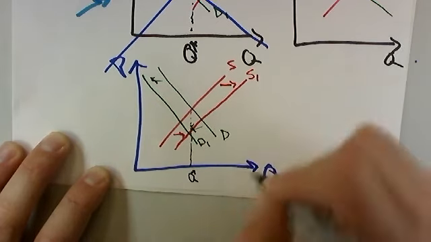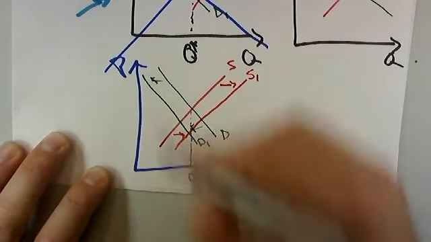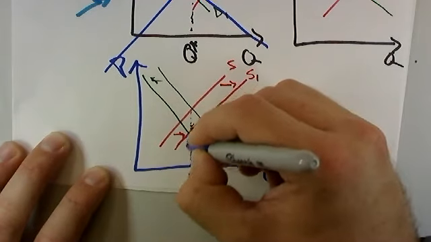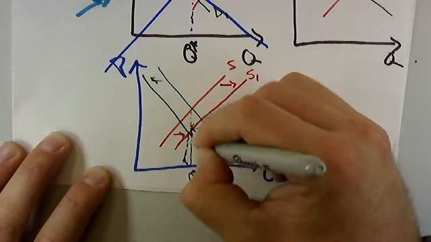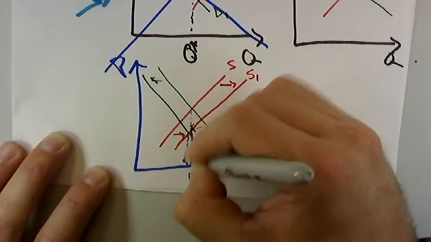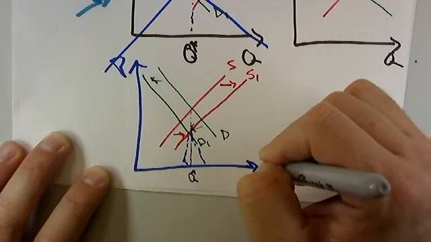This is my original, and then the new one is right here, right? Which now I can definitely see, it could be there, could be there. So I can see that it is actually the quantity that is ambiguous.